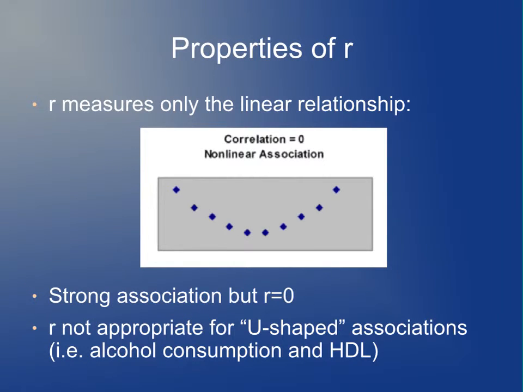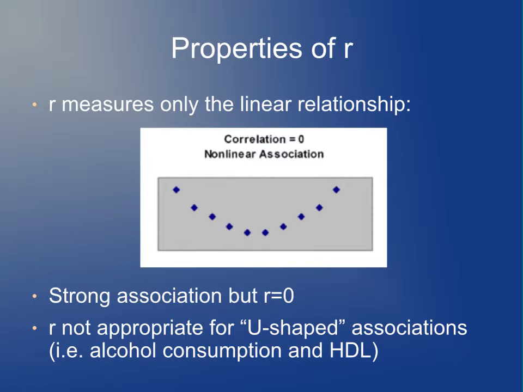And as I said before, R measures only the linear association between x and y. This graph here has a U-shaped association between x and y, and if you calculate R in this case, it's exactly equal to 0, even though there's a very strong association between x and y. In general, you wouldn't want to use R to measure the strength of a U-shaped association.